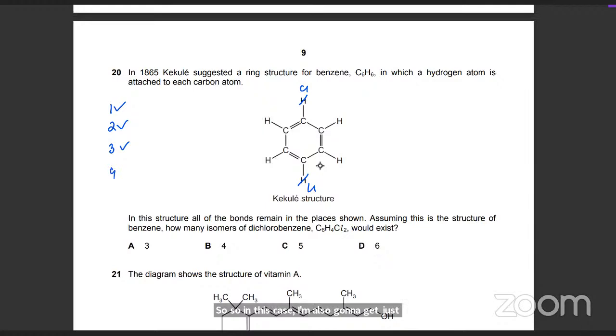So that's my 4th one, because wherever I put the Cls, right opposite to each other, it's going to be the same thing. On one side I've got 2 single bonds and 1 double bond. On the other side, I've got 2 double bonds and 1 single bond. So it's going to be just a rotated version of the same thing. So I think it's going to be 4. Are you clear on this one? Yes, sir.